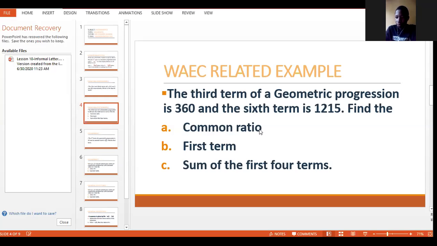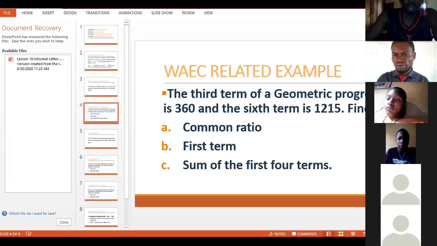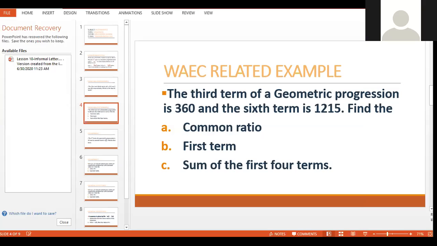Good. So somebody else should tell me what the first term was. Let's see if you have this on record or you're just doing this. Kasham, what did we get as the first term of the sequence? Kasham, are you there?